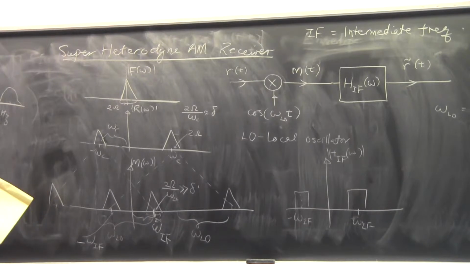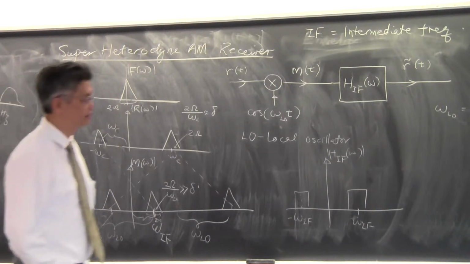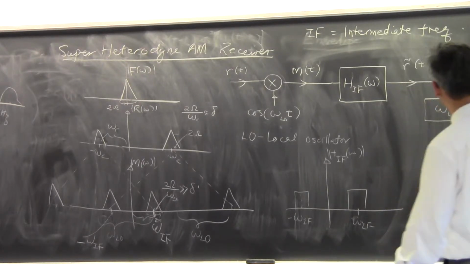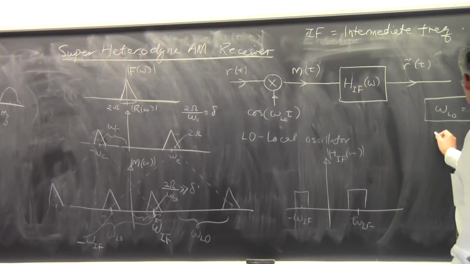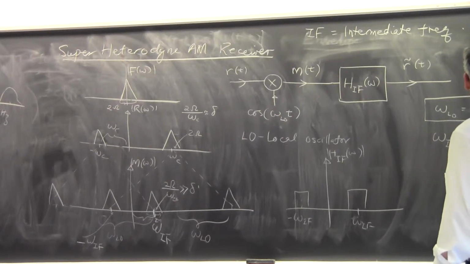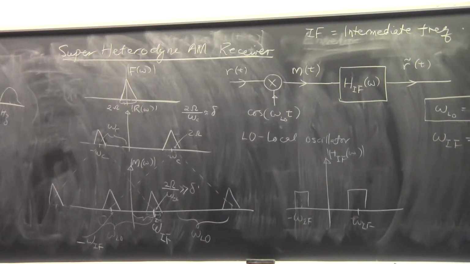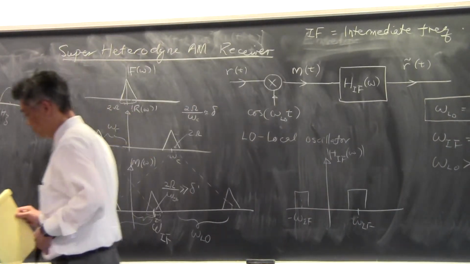So if you look at this picture over here that I have, this has been satisfied. Okay? Or omega IF is equal to omega LO minus omega C, which means that the local oscillator is higher than that of the carrier. So omega LO is larger than omega C. Okay?